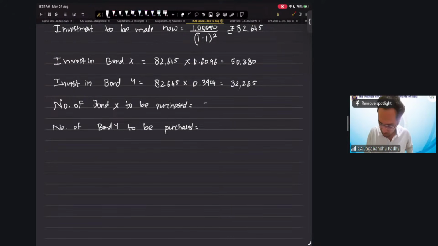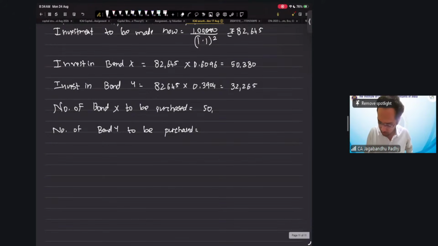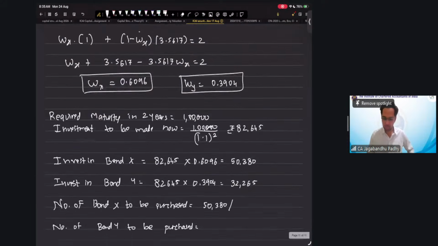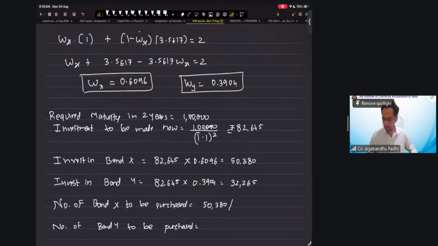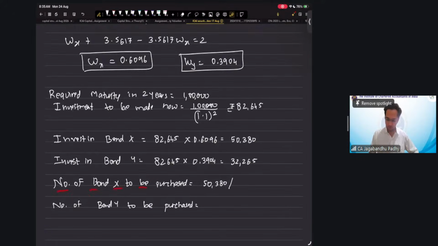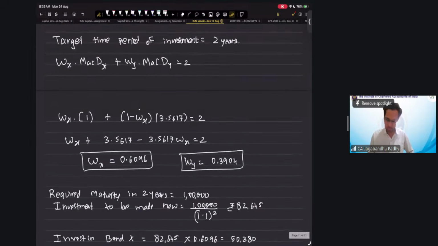For that, bond X is totally valued at 50,380. That needs to be divided by the price of the bond.